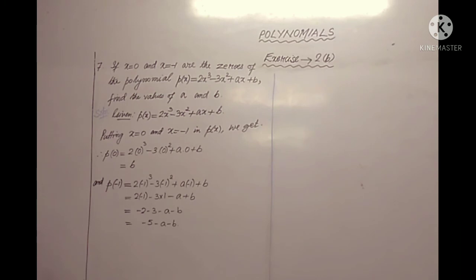Now, you have got p of 0 also, and you have got p of minus 1 also.